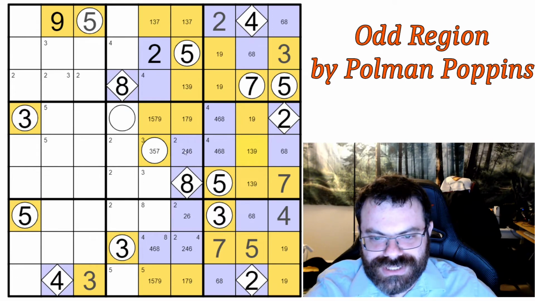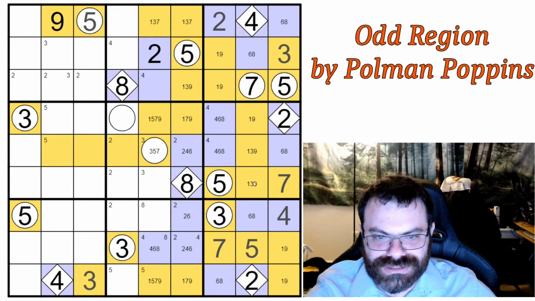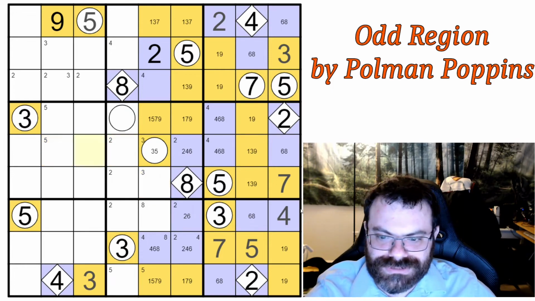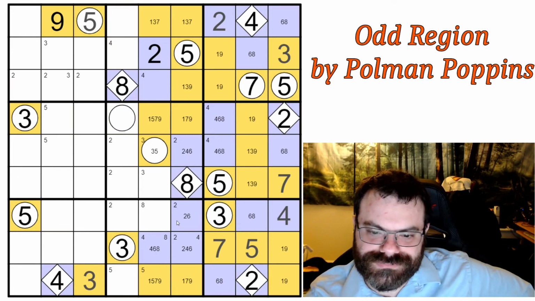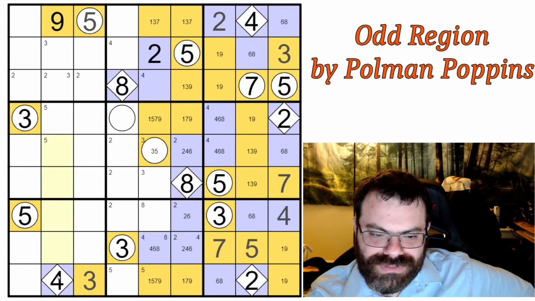Oh, okay, so in this row, we can have 3 more odds, and in this column we can have 1 more odd. So 1, 2, 3, 4, 5, 6. So we can't actually be 7. Okay, so this has to see 4, but I mean it could just do that.